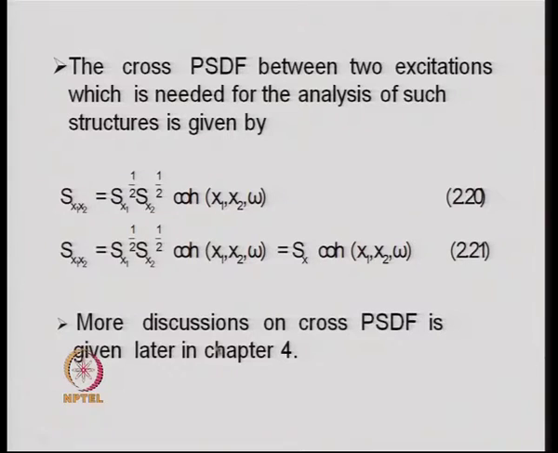The cross power spectral density function between two excitations, which is needed for the analysis of such structures, is given by these two equations.